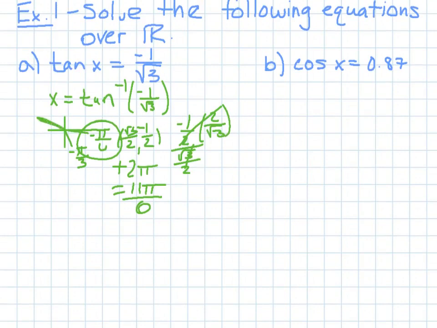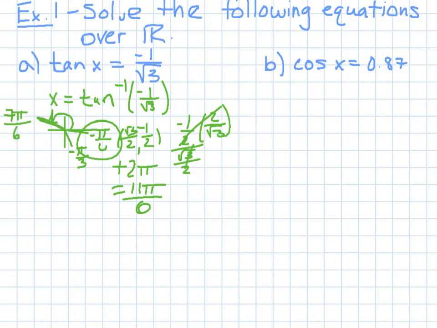It's a pi away, because of tangent's symmetry over the origin. So the other angle that would give you the same thing would be 7 pi over 6.